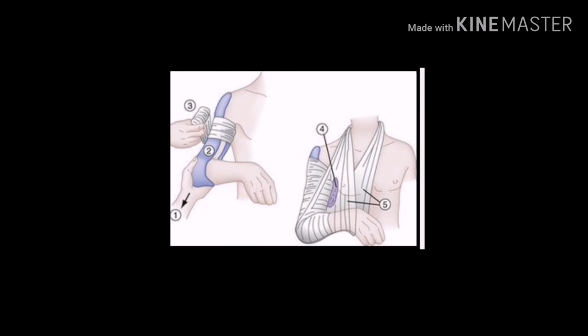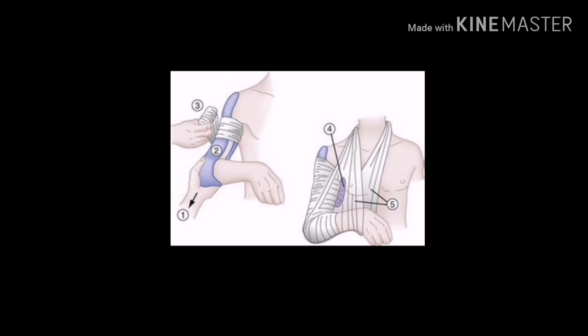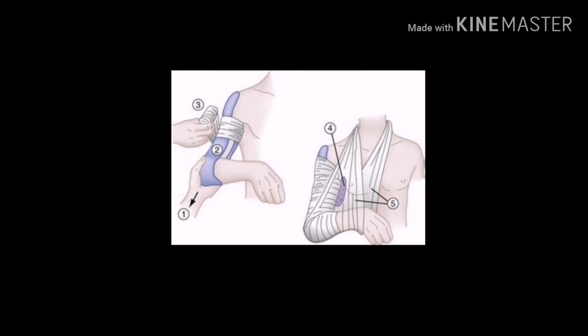Second choice is a coaptation splint. This utilizes dependency traction to affect the fracture reduction, but with greater stabilization and less distraction than a hanging arm cast. The forearm is suspended in a collar and cuff.